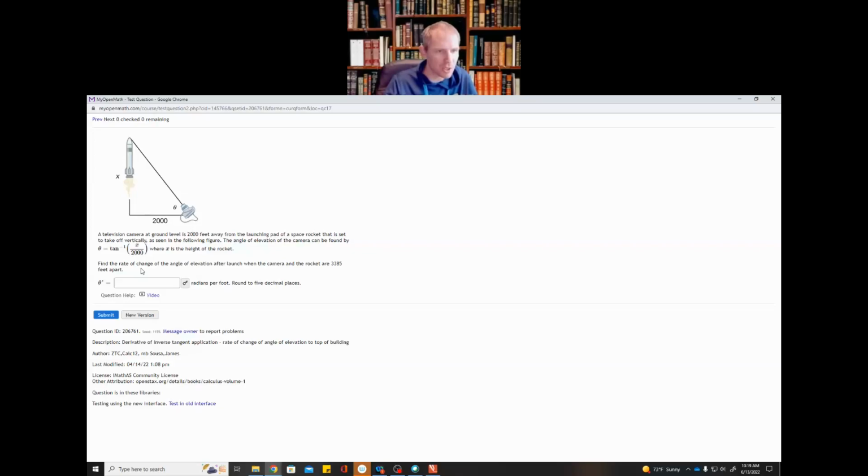Find the rate of change of the angle of elevation after launch when the camera and the rocket are 3,385 feet apart. So rate of change of the angle of elevation.